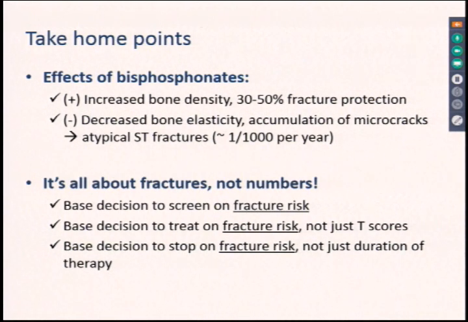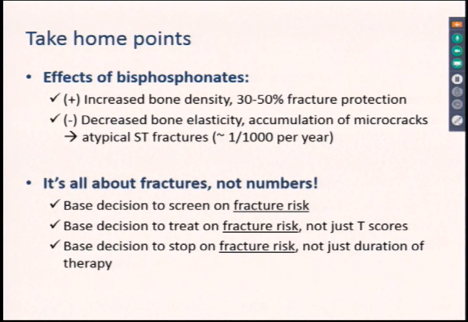So really at the end of the day, it's all about fractures, not numbers. You need to base the decision to screen on your estimated a priori fracture risk. So if your patient a priori is not at a high fracture risk, do not do a DEXA on them. Do not do a DEXA on a 50-year-old healthy woman. You need to base your decision to treat on their estimated fracture risk, not just on their T-score.